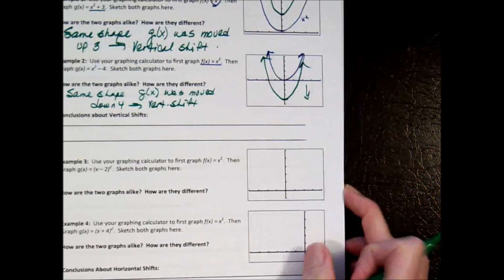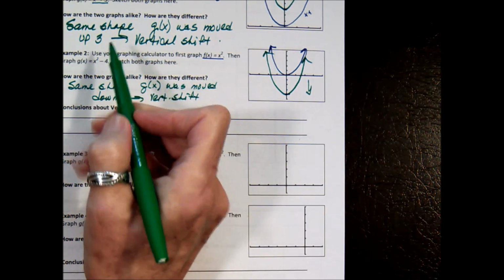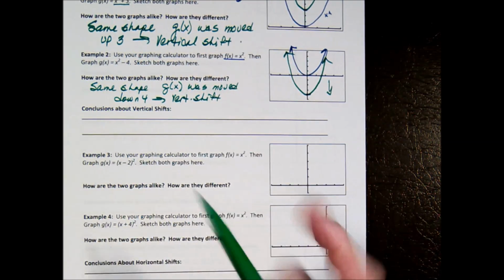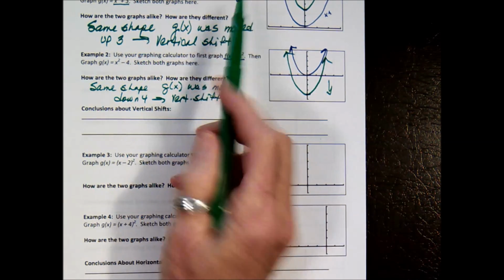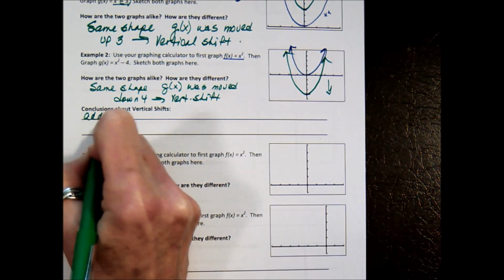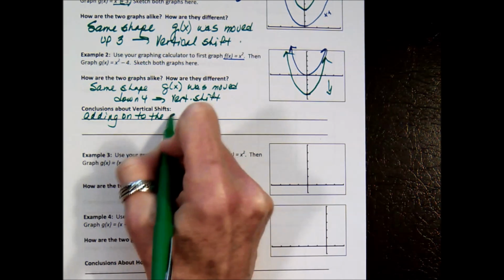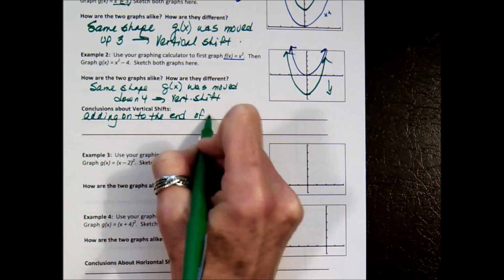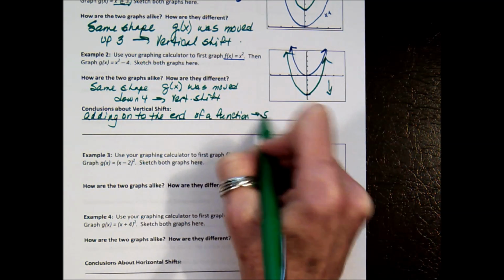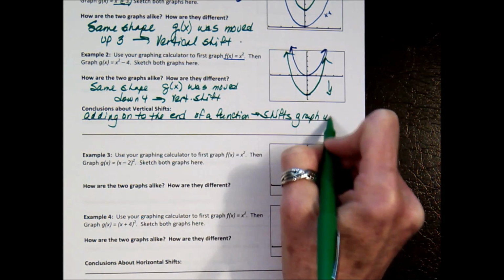So our conclusions about vertical shifts are that when you start with a function, for example, x squared, and you add on to the end, and that is important that it's the end of a function, what does that do? It shifts the graph up.